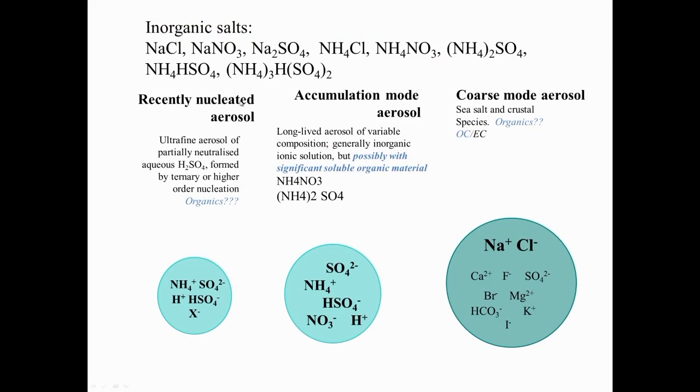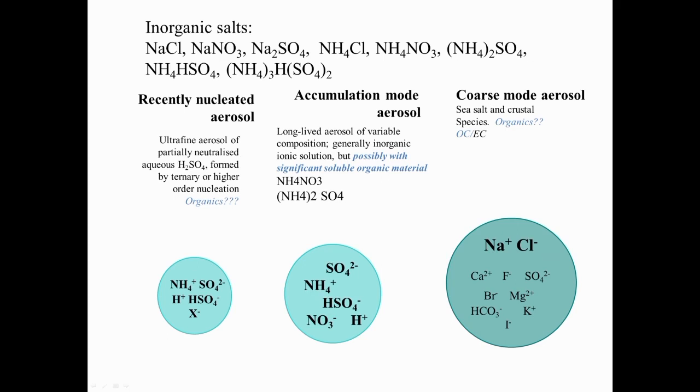So recently nucleated aerosol tend to have a lot of sulfate because sulfuric acid forms them along with ammonia. Accumulation mode aerosol can have nitrates in them because they won't form the nucleated particles because their vapor pressure isn't sufficiently low.